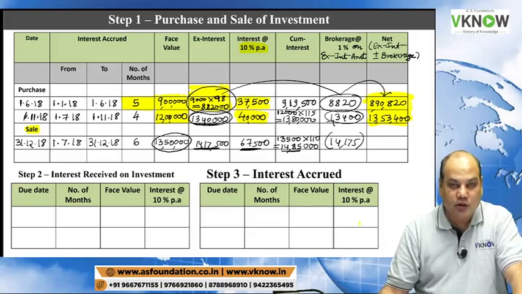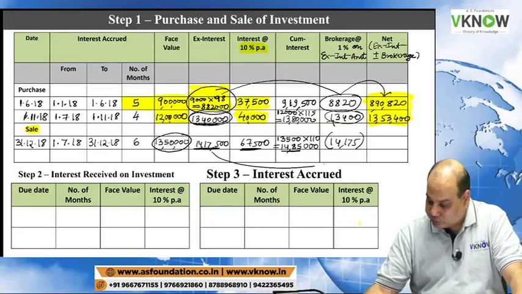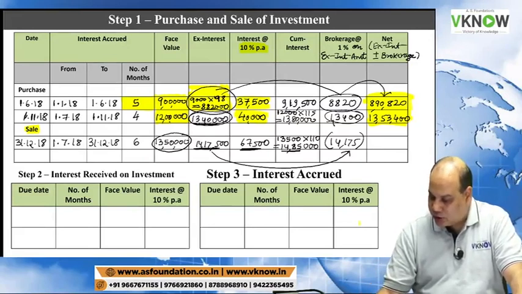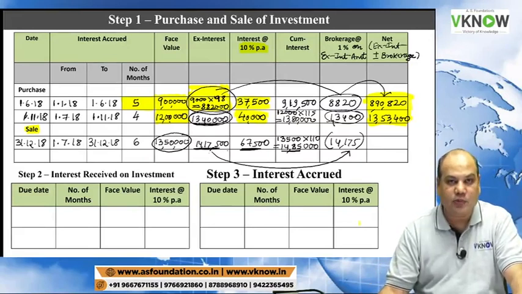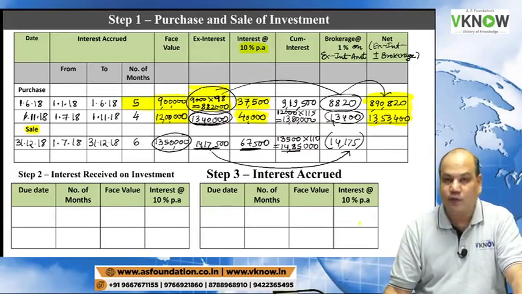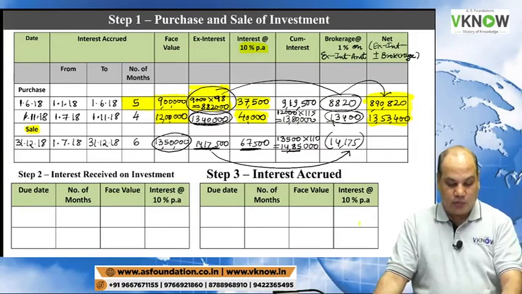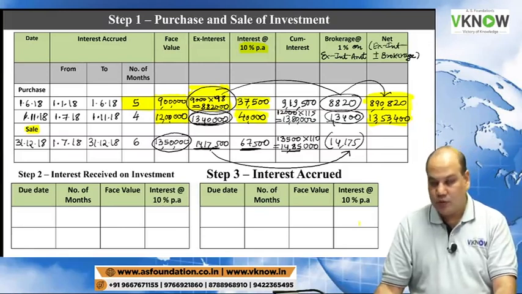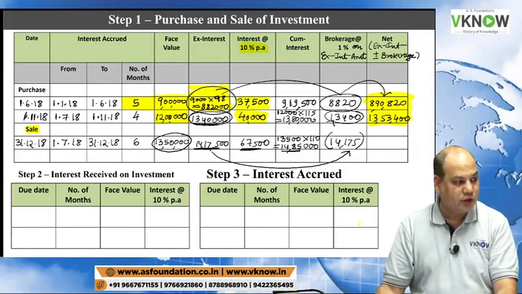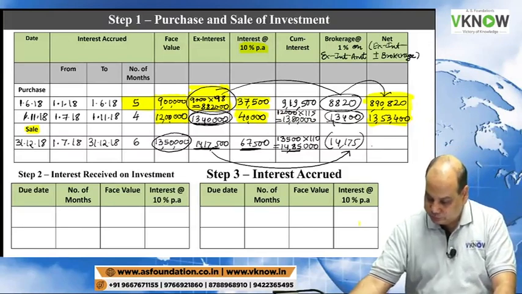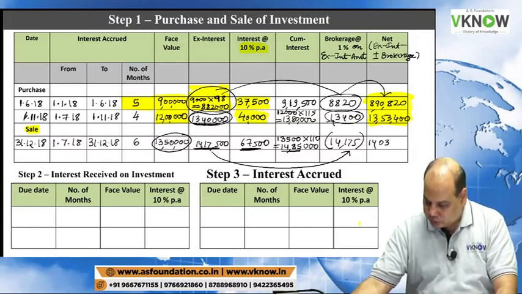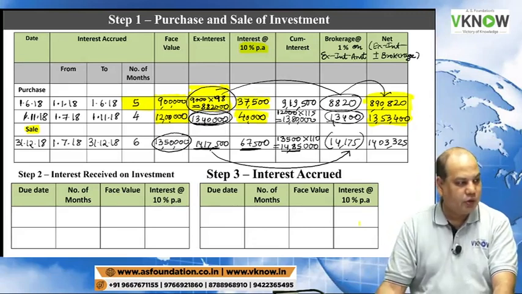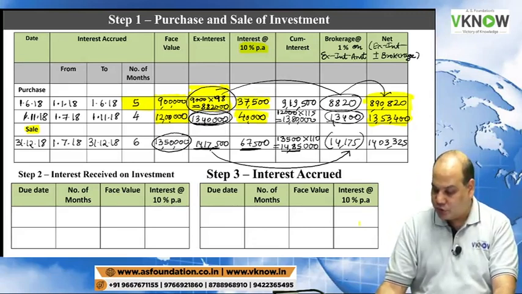Sir, why in bracket? Because we are going to pay brokerage on sale also. So my net amount realized will be 1417500 minus 14175, and the answer is 1403325.